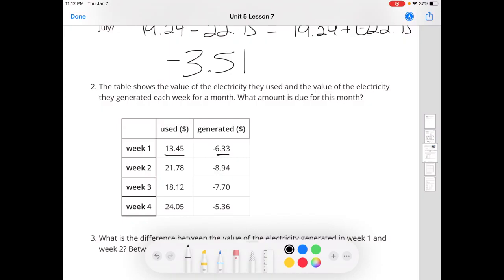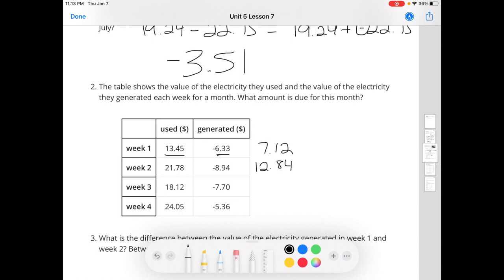So $13.45 minus the $6.33 that I generated, I would pay $7.12 for that week. $21.78, but I had a credit of $8.94. Therefore, for that week, I just need to pay $12.84.